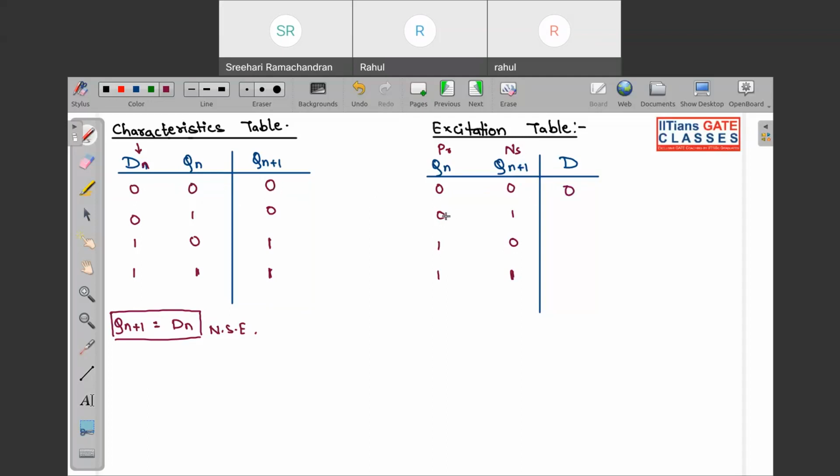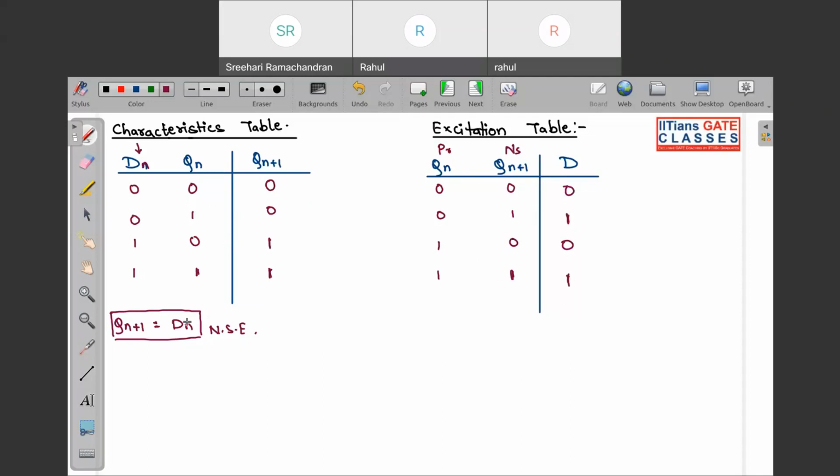If qn is 0 and qn plus 1 is 1, dn is 1. If qn is 1 and qn plus 1 is 0, dn is 0. If both of them are 1 1, dn is 1. So this is the excitation table.